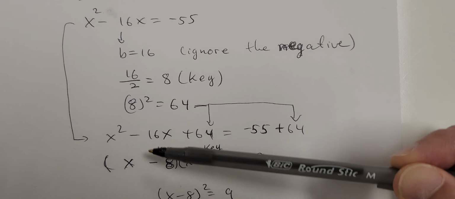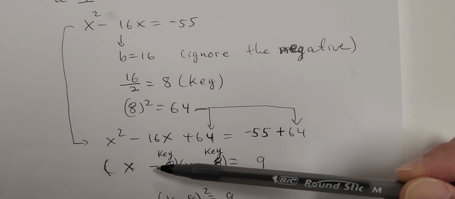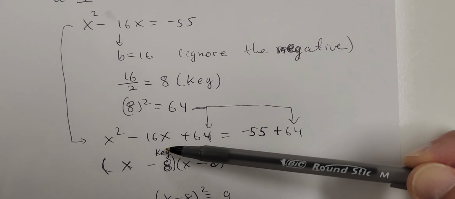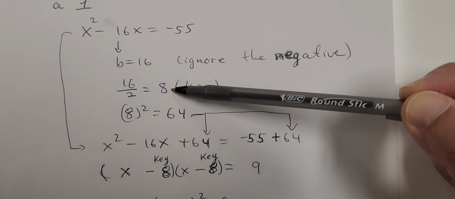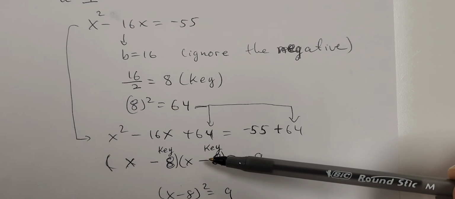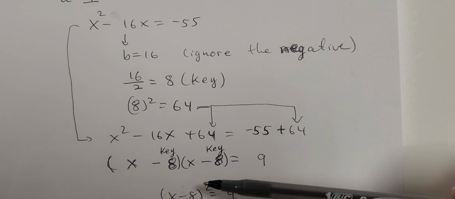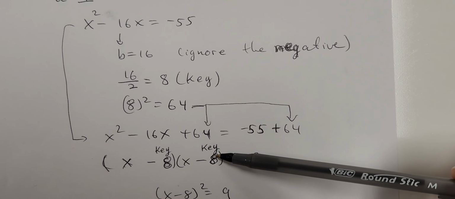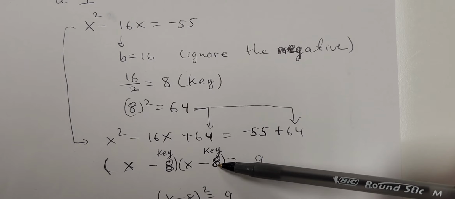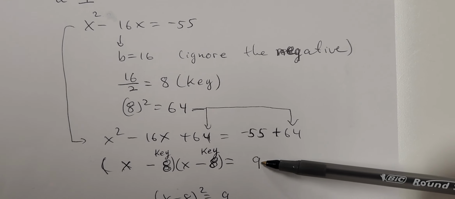If this is a plus, you put plus, plus. Since we have a minus, we put minus, minus. And then this empty space, this is where we put the key in. So my key is 8, put 8 here, 8 here. On the right hand side, 64 minus 55 gives me 9.